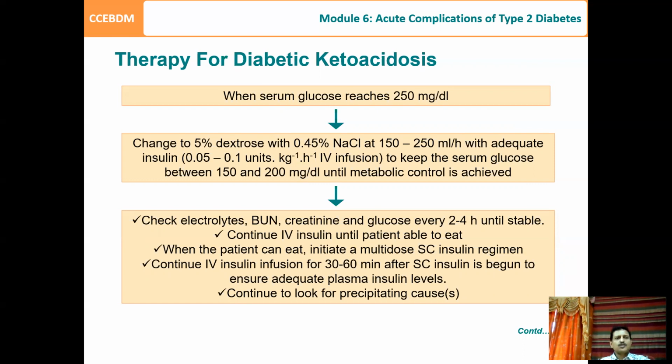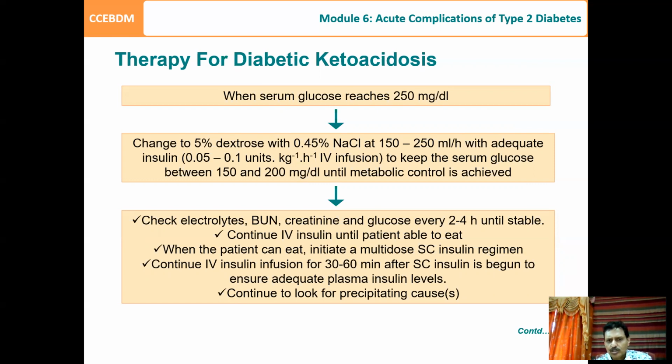And in most situations, the subcutaneous insulin regime means that we give a basal bolus regime. Basal bolus means we give 3 short-acting insulin and 1 long-acting insulin. So this is our conventional approach when we shift the patient from IV to subcutaneous insulin.